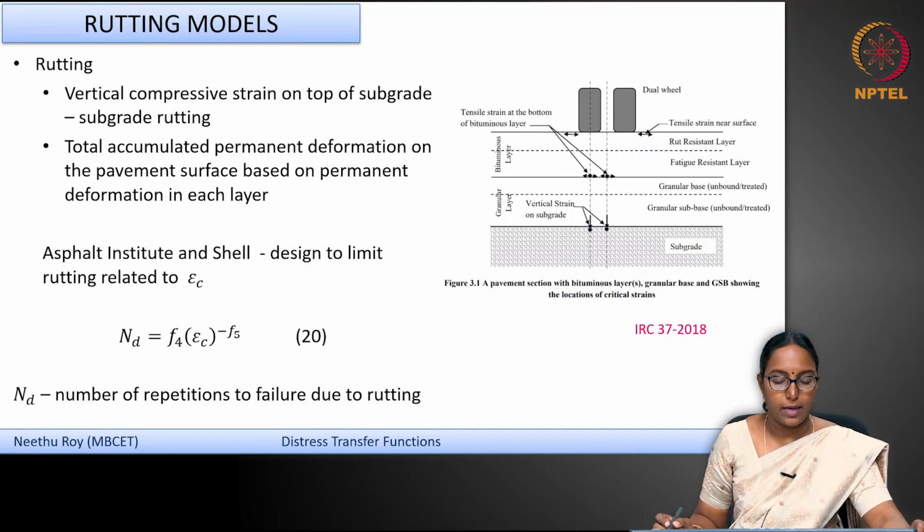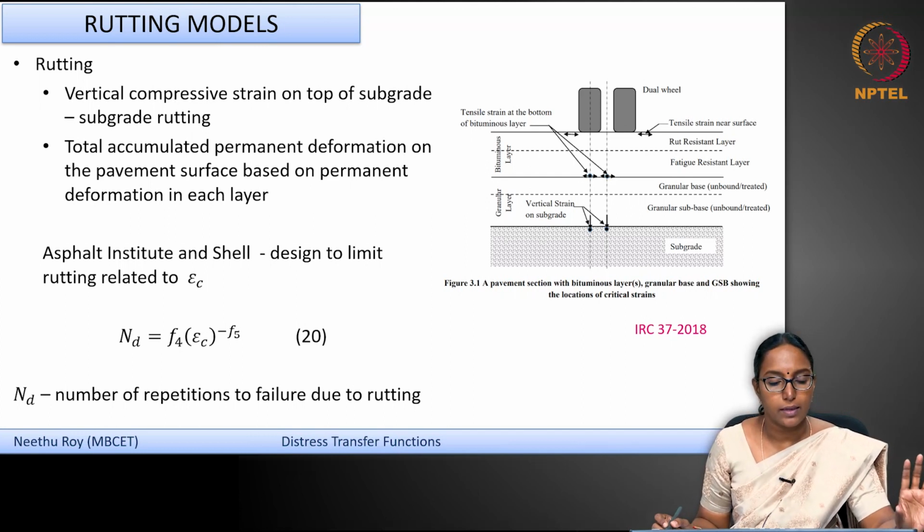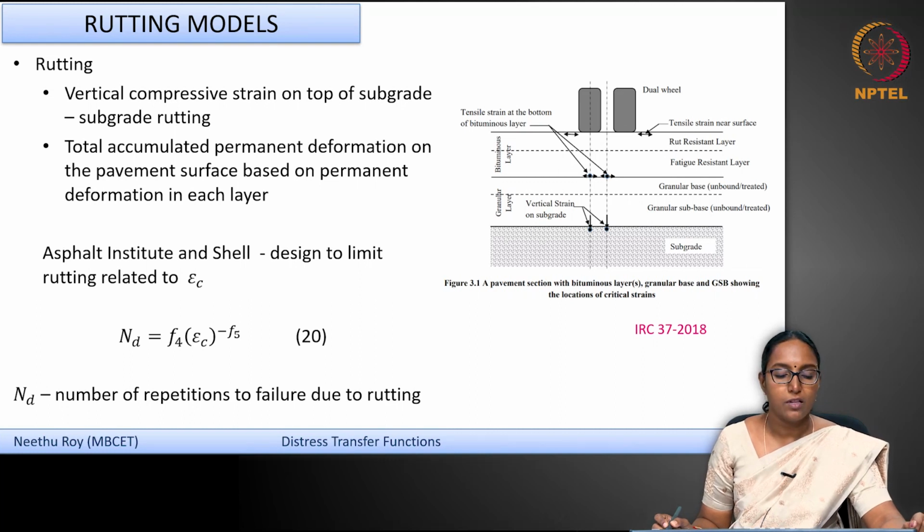When I say rutting, this is the deformation that you see on the top pavement surface. There are two ways in which rutting is modeled. The first one is that you consider the vertical compressive strain on top of the subgrade alone, which is called subgrade rutting.